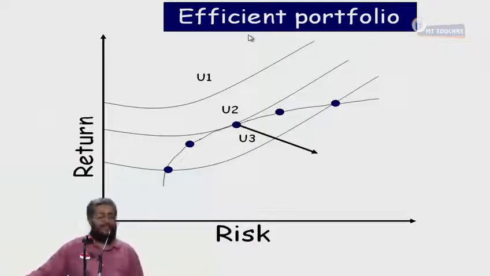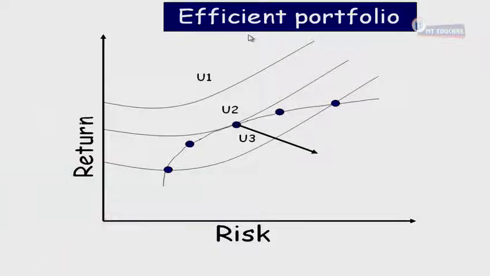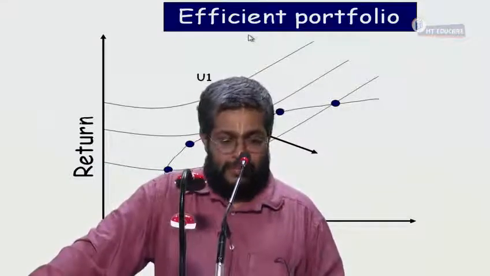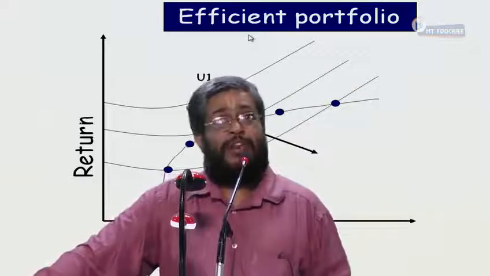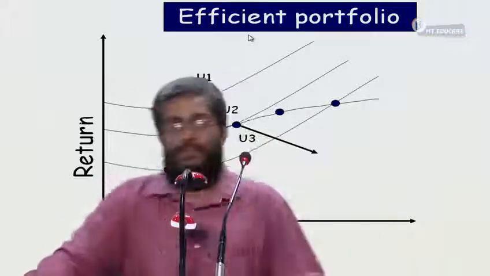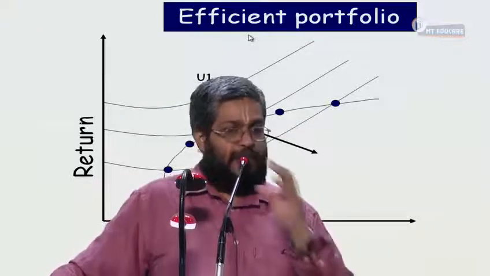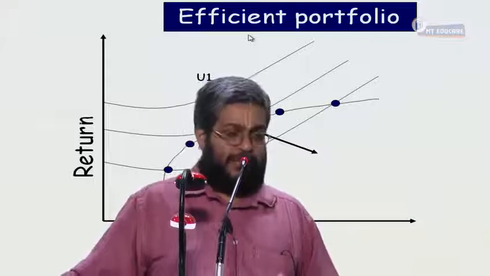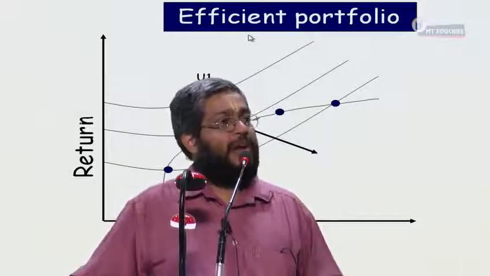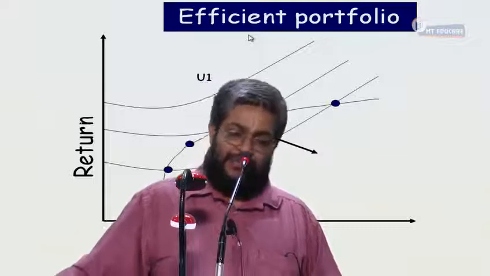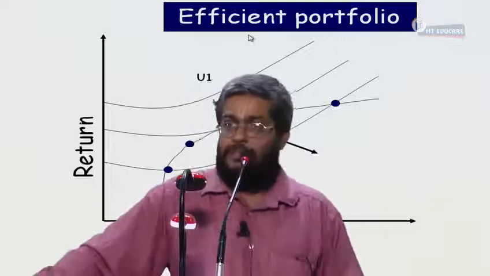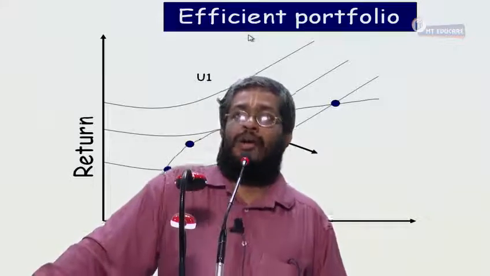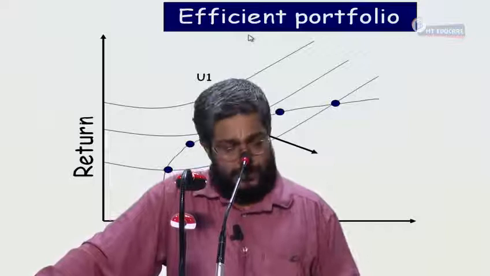Now, last point, point number 7. This point of tangency changes from investor to investor, depending upon his risk aversion.